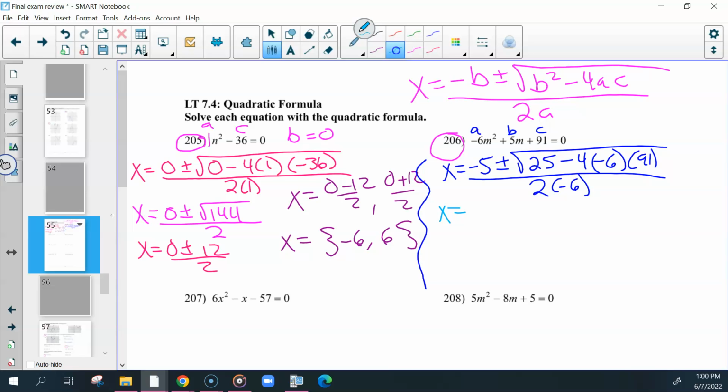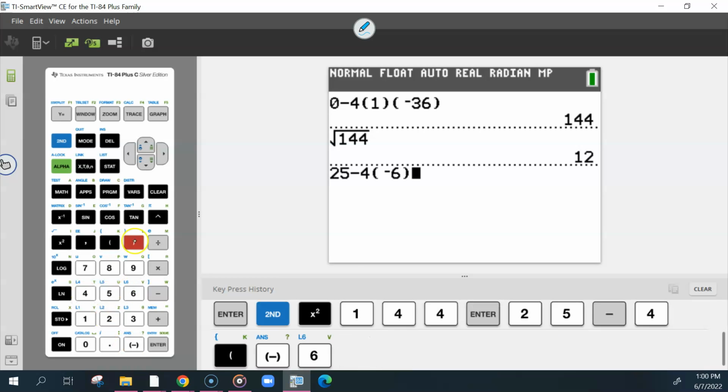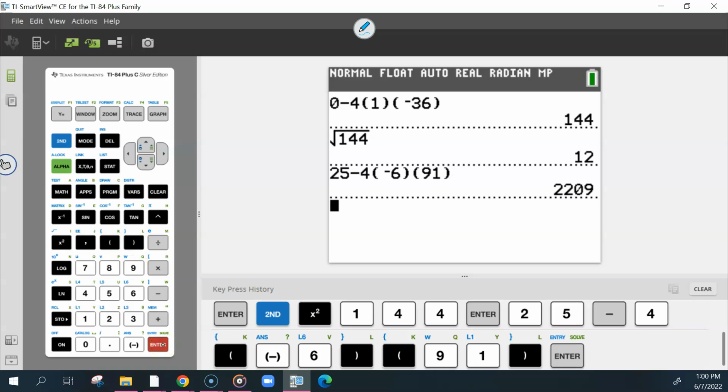Again, we can put this inside in the calculator and see what that is. 25 minus 4 times negative 6 times positive 91. So 2,209.